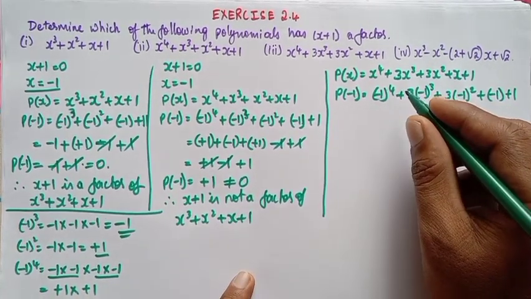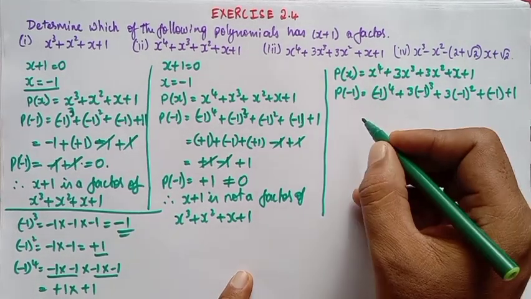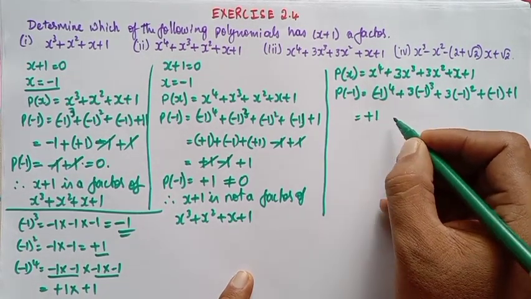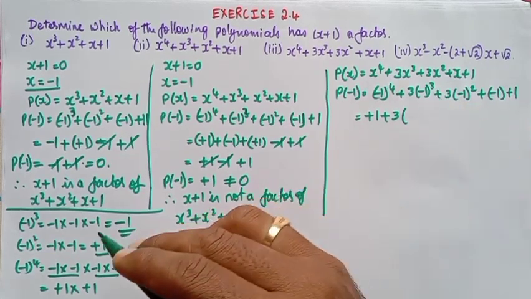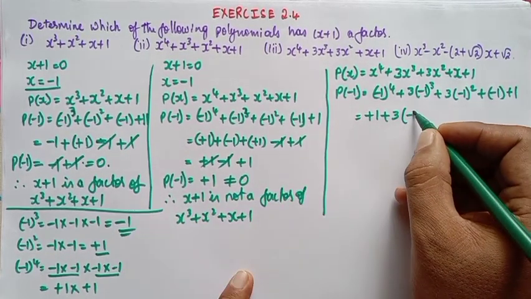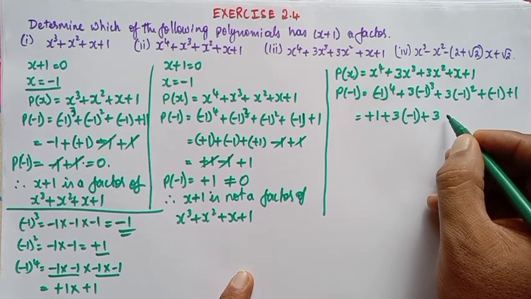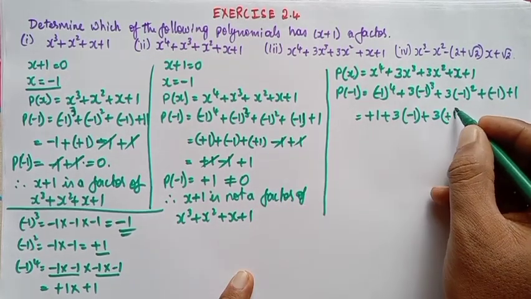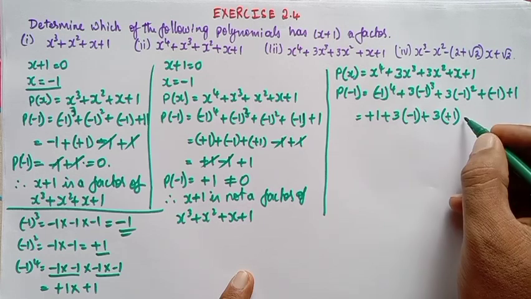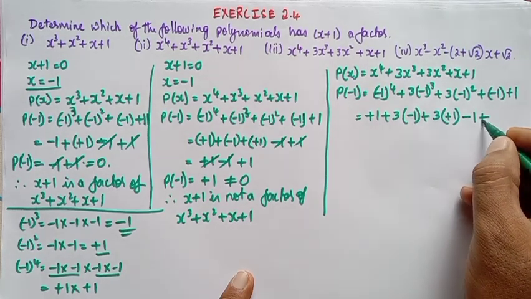Minus 1 whole to the power 4 is plus 1. Plus 1 plus of 3 into minus 1 whole cube is minus 1. Plus 3 into minus 1 whole square is plus 1. Plus into minus, minus 1 plus 1.